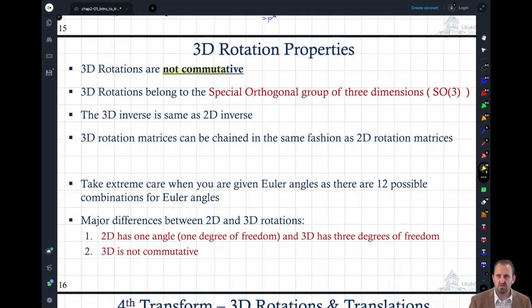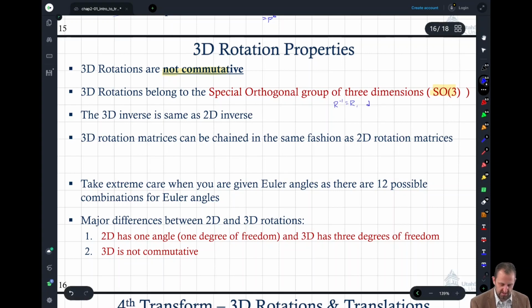3D rotations do belong to a group very similar to two-dimensional rotations. This group is called SO3, the Special Orthogonal Group of 3 Dimensions. We won't use that too much right now, but it is important to note that when somebody talks about SO3, again, it's just that R inverse is equal to R transpose, and the determinant of R is 1.